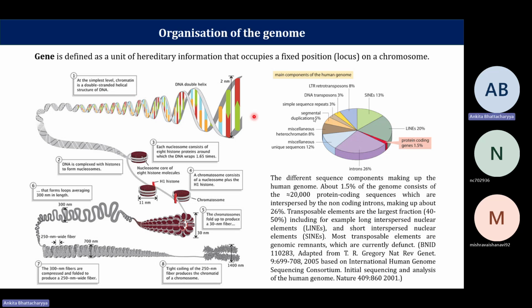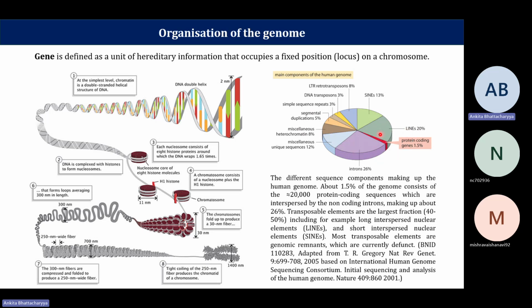So that was the organization of the genome. And apart from the coding sequence, this extensive portion of the genome also has a number of different elements. What do they include? You have only around 1.5%, what you see here in red, which is the protein coding part, which we are so interested in.